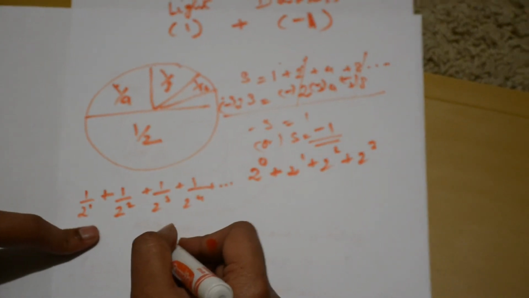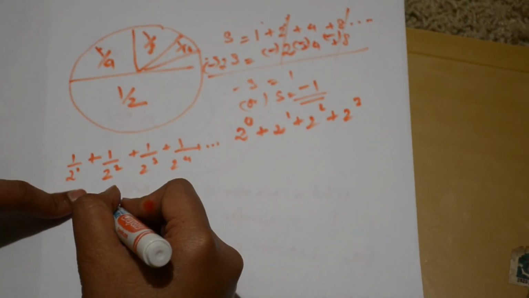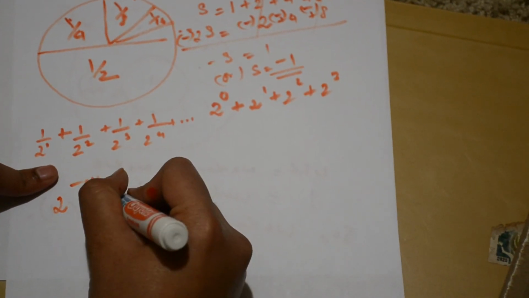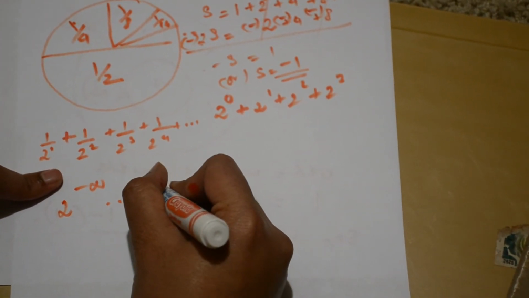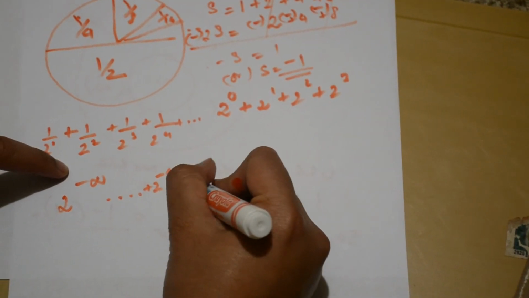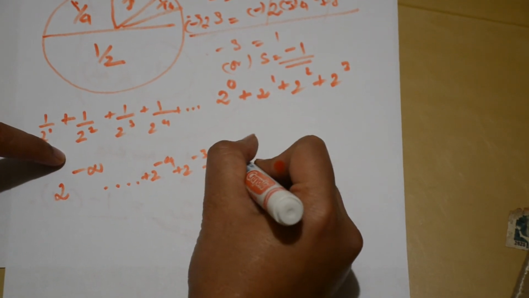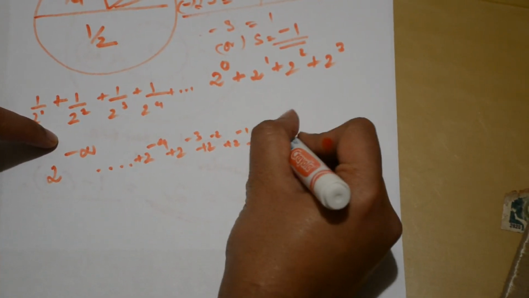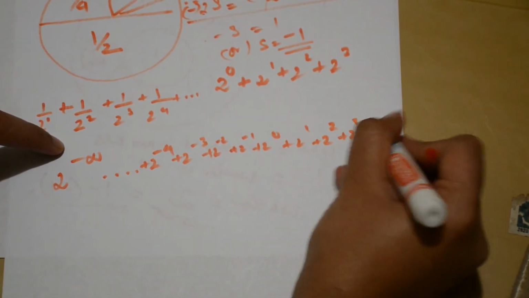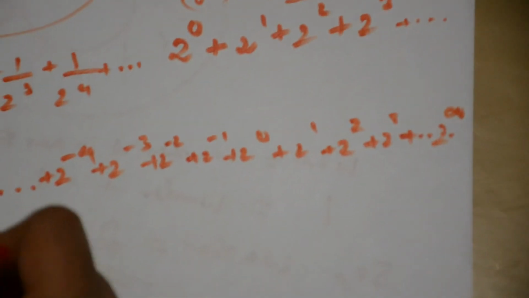You can add. 0 is nothing but 1 plus minus 1.